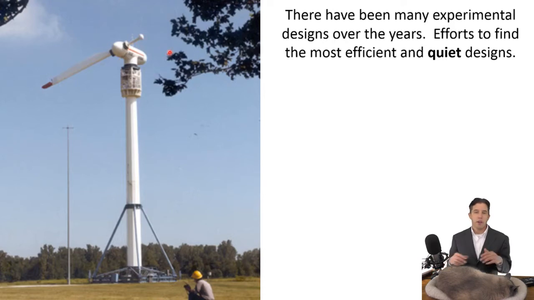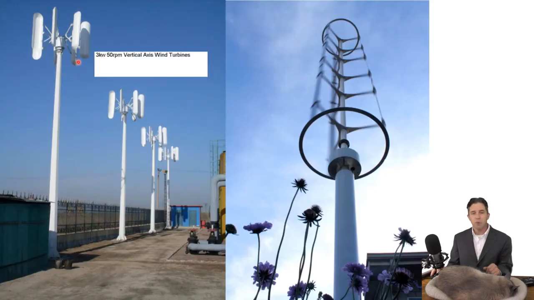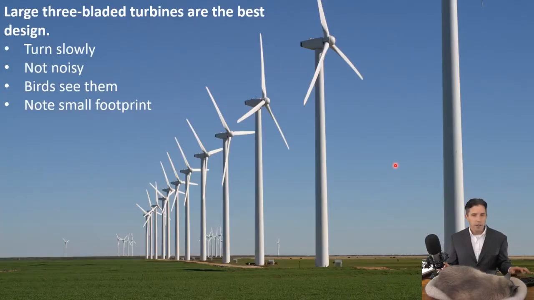Remember, they were experimenting, trying to make the quietest windmill that they could. Here's what we call the egg beater design. It spins vertically around an axis this way. Here's a smaller version of these vertical axis wind turbines. And through trial and error, eventually they settled on a design of 3 blades.